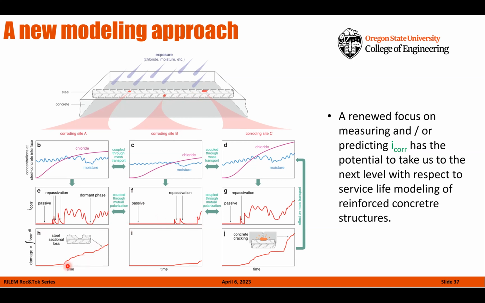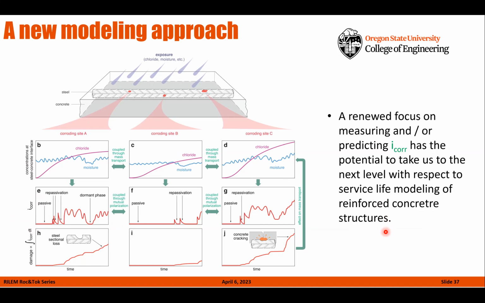From day one, steel experiences some electrochemical processes until the end of its service life, and we focus on the corrosion current density or the corrosion rate rather than the initiation and propagation stages. And we look at the problem from a continuous point of view from day one. By monitoring the corrosion current density or corrosion rate, we might have a better framework to look at the service life modeling of these systems.